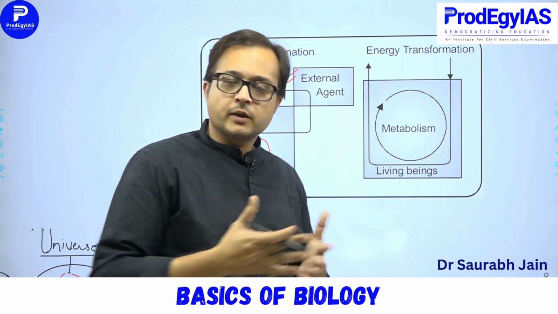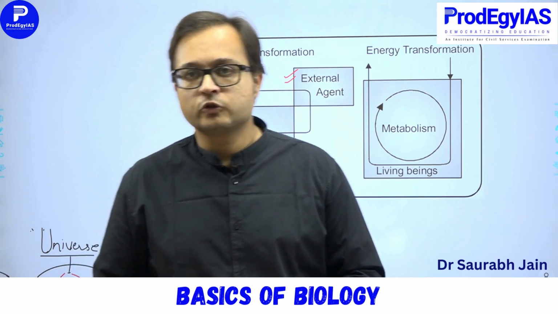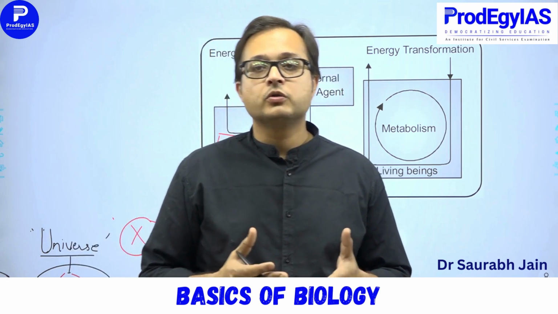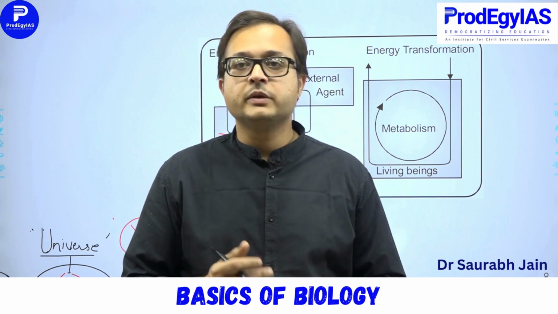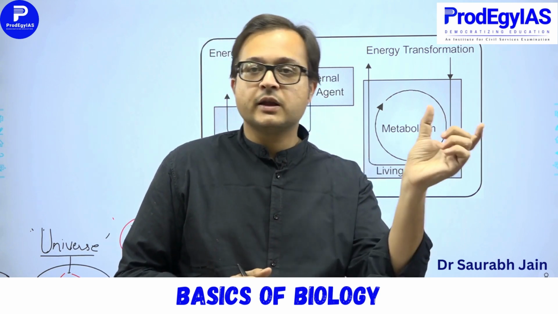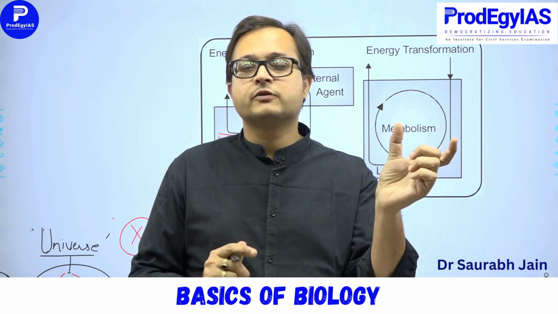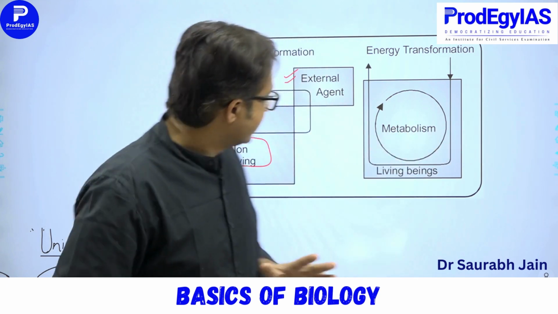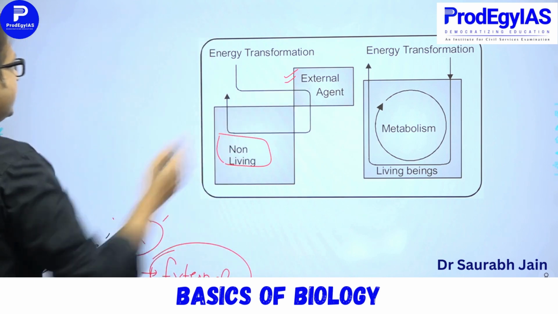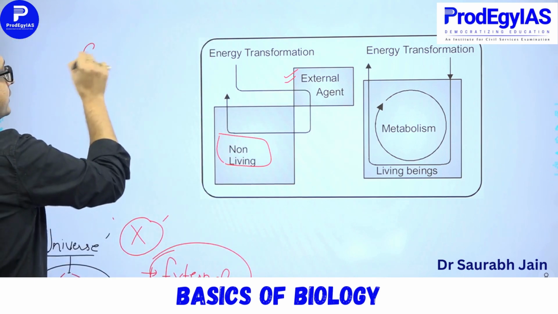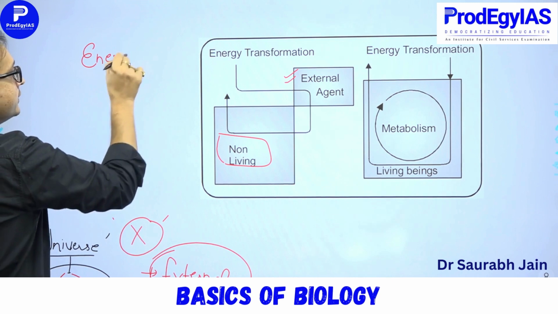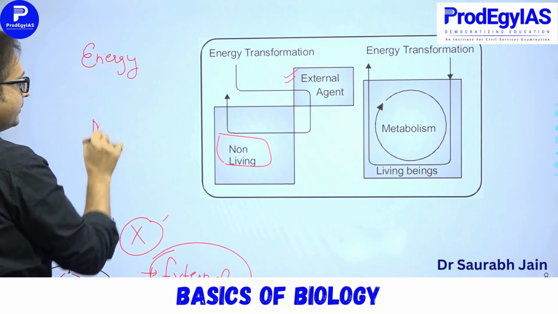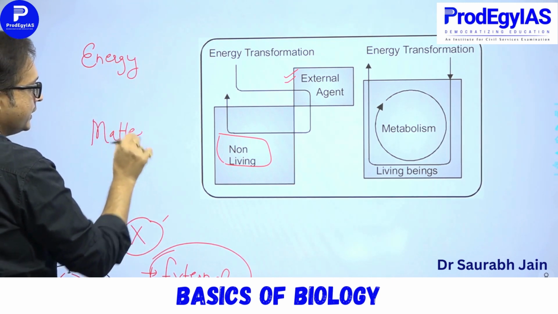You talk about a bike's engine or a car's engine, or petrol being burnt, and there is an external aid to transform that energy from one form to another, or to utilize it, right?